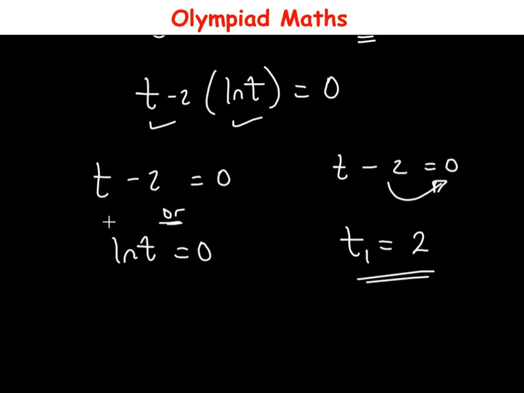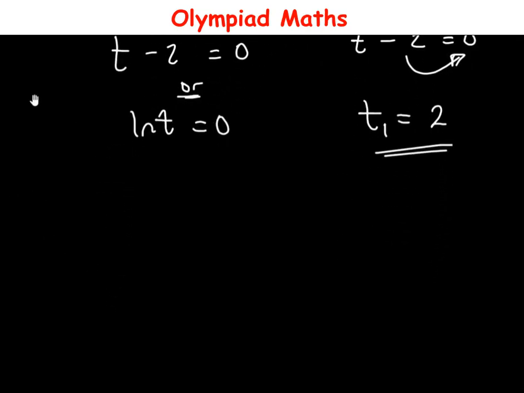So good. Now, for the other solution of t, working with ln t equal to 0, we are going to introduce e to both sides of the equation. So e raised to power ln t is equal to e raised to power 0. From here, e will cancel ln.